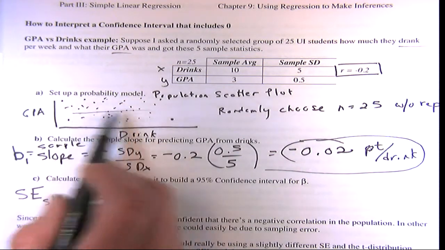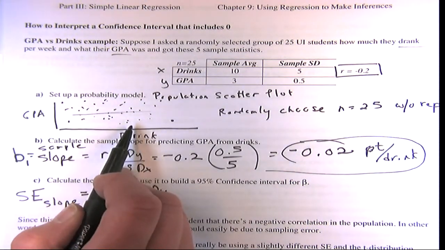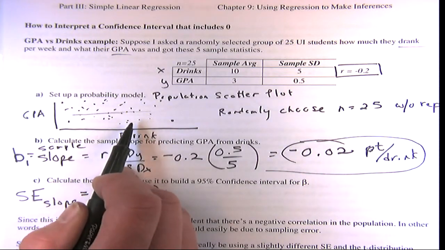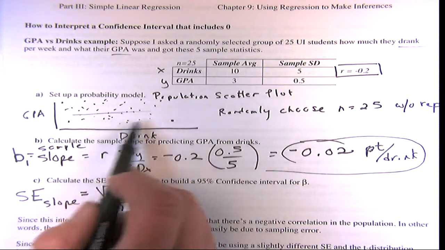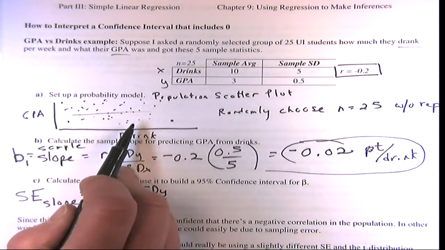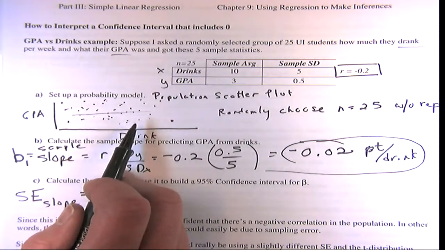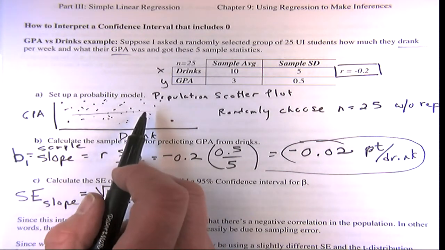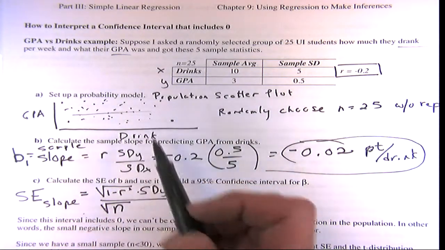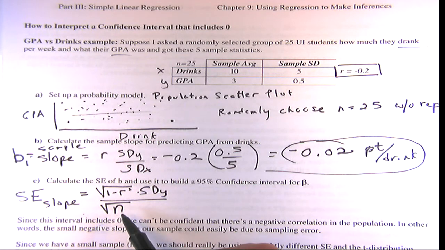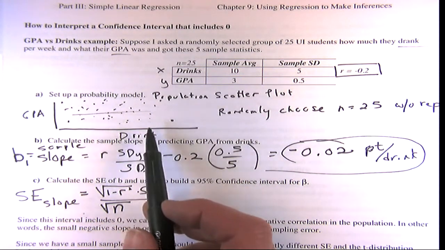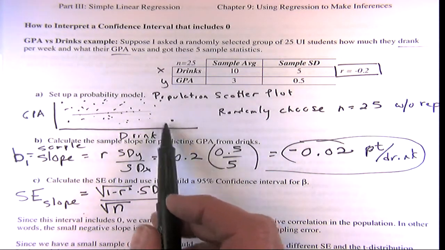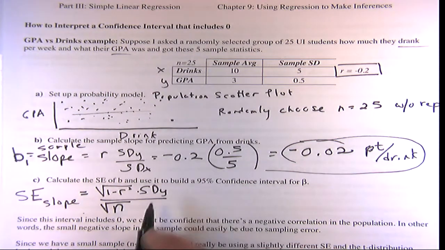Or this and this, just by accident, we'd get a negative correlation. But it would be unlikely to take many points that all followed a radically different trend than the population itself. So obviously, the bigger the sample size, the more it reflects the population. All right?